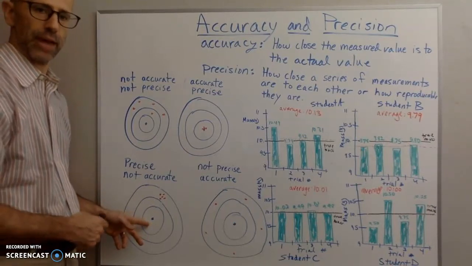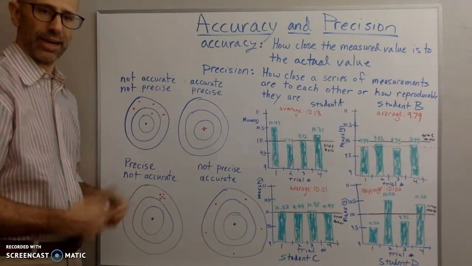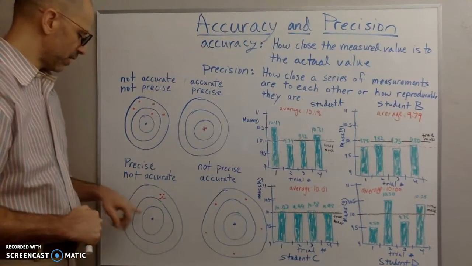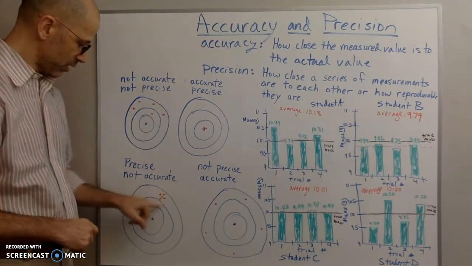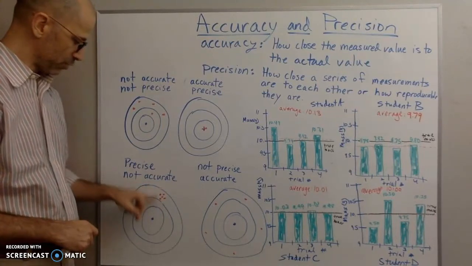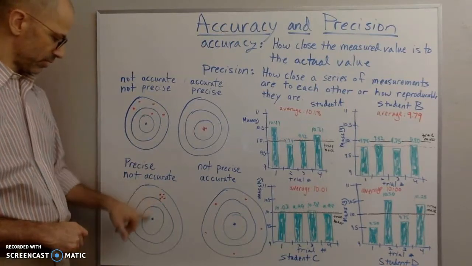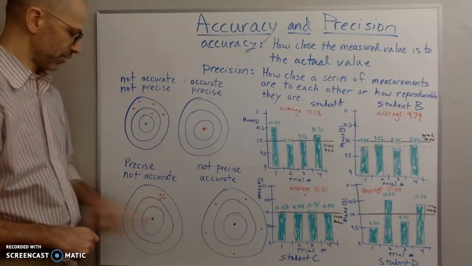So there's a systematic error in your device. I'll talk about systematic and random error a little bit later. But here you have precision. The shots or the measurements are close to each other, but it's not accurate because it's very far from the bullseye, the true data set.